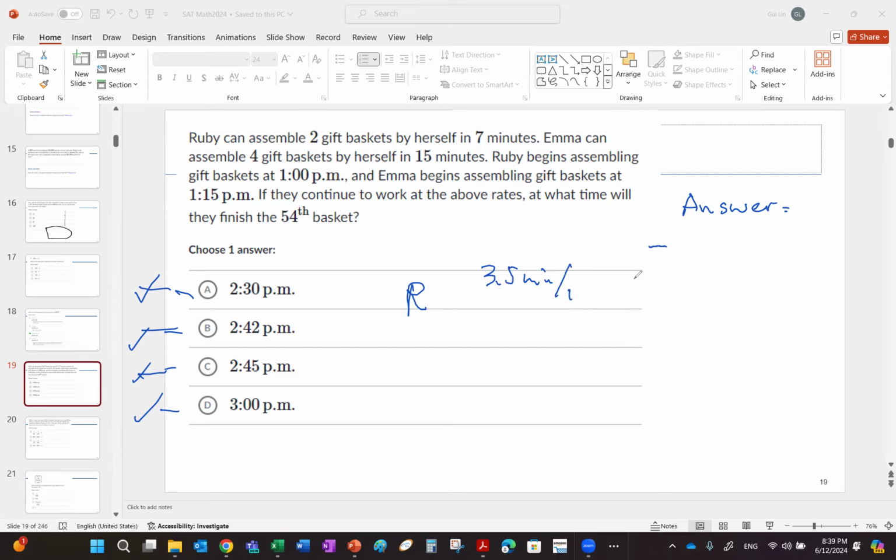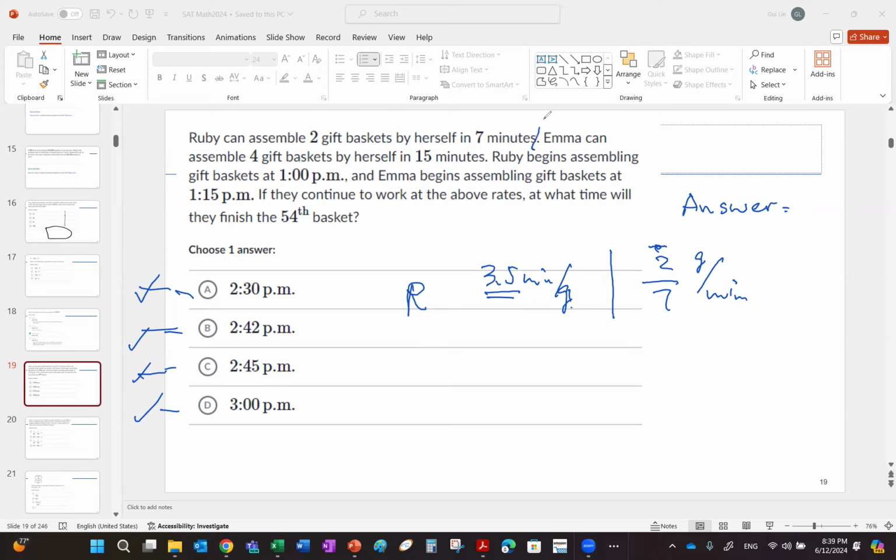Or you can say each minute he finishes about 2/7 gift. There are 2 ways to say it. One is per gift, it takes him 3.5 minutes. The other way is each minute he finishes 2/7 gift.